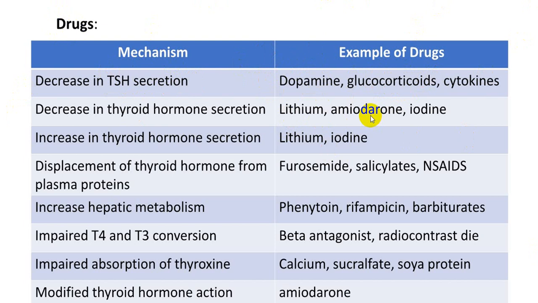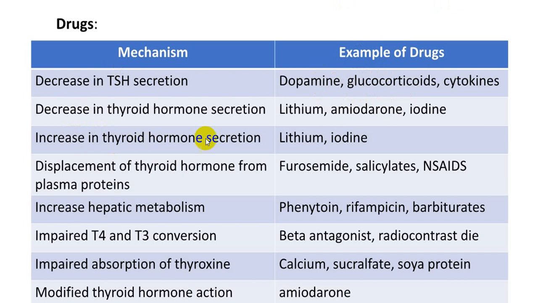Lithium, amiodarone and iodine: iodine will block TSH secretion by what we call the Wolff-Chaikoff effect. Amiodarone and lithium can also decrease TSH secretion. So these are the main important factors which will decrease TSH secretion.